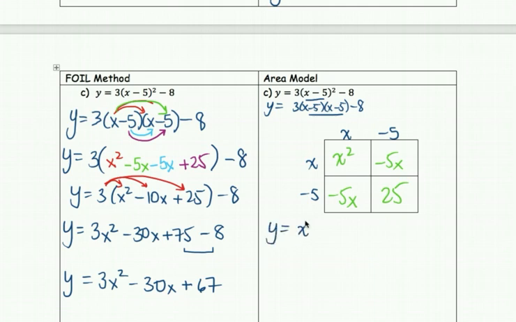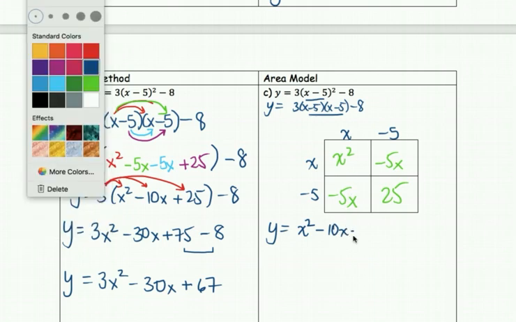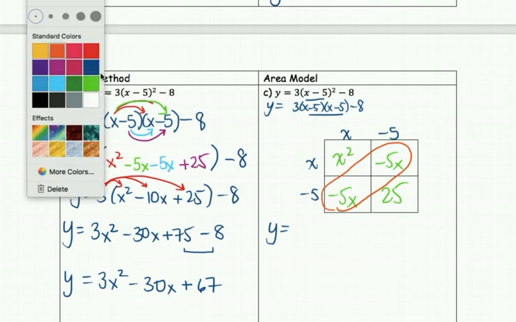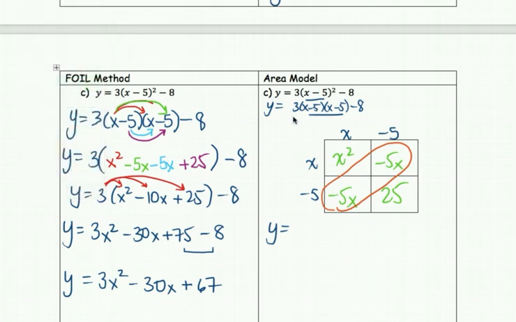Okay, so we calculated everything into the box that we needed, and then we make a check: these are like terms, so I'm going to bring them out of the box.